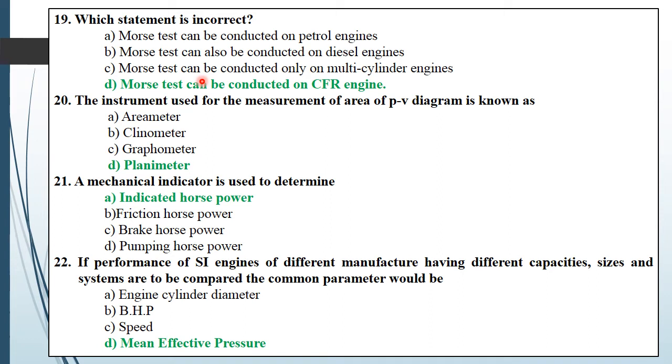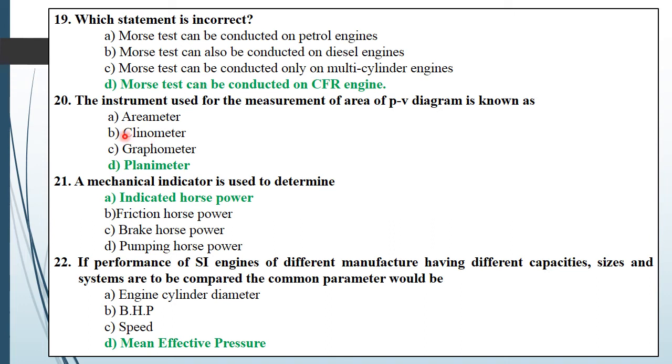CFR stands for Cooperative Fuel Research Engine, a leading fuel testing equipment manufacturer, offering reliable octane and cetane rating units across the world. So it conducts the fuel rating of the SI engine or CI engine.